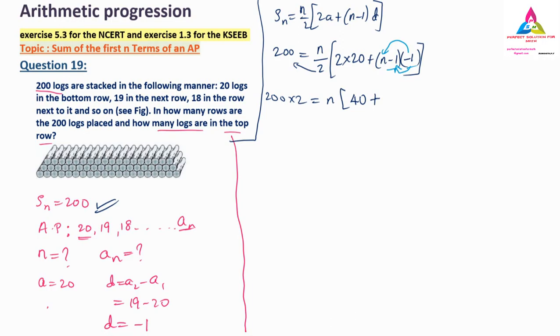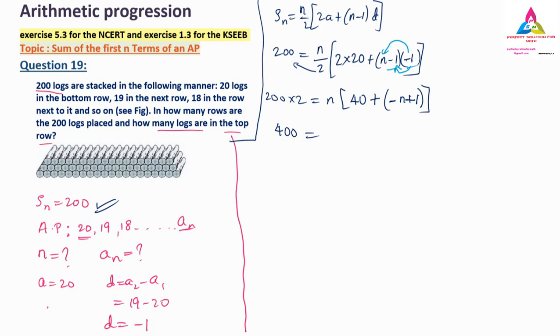Now when you multiply minus 1 into n, we get minus n. Minus into minus is plus, so we get 1 ones are 1. I have written it in a bracket because we have to multiply with the plus and the inside symbols. So I have multiplied this minus 1 with n minus 1. Understand? 200 into 2 is nothing but 400.